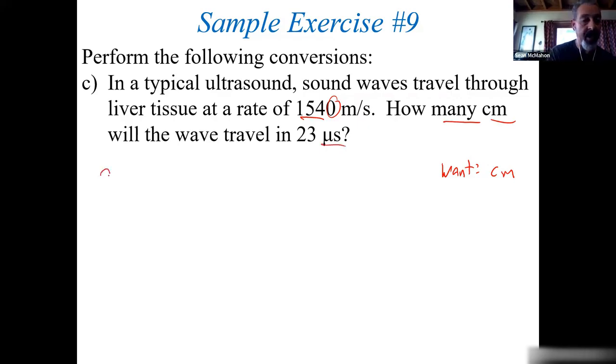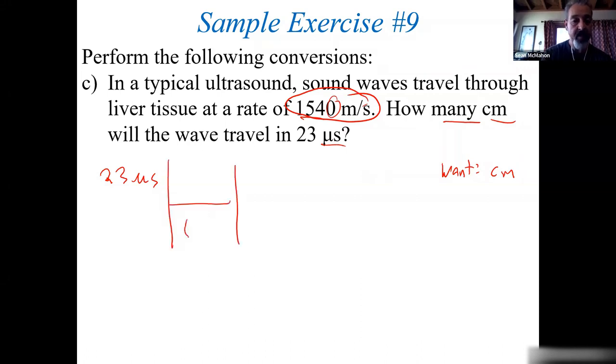So I have 23 microseconds. So I need to go from time to distance. That's why I need a velocity or speed, because it's distance over time. I have microseconds. I can convert that to seconds. How? There's 1,000,000 microseconds, or 10 to the 6 microseconds in 1 second. That's one of the metric prefixes we went over, okay?